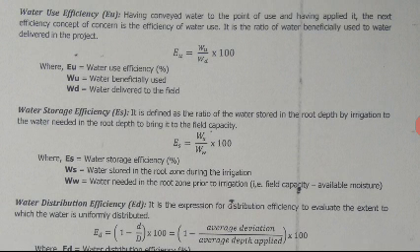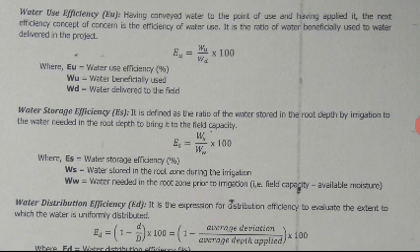Next is water use efficiency EU. Having conveyed water to the point of use and having applied it, the next efficiency concept of concern is the efficiency of water use.